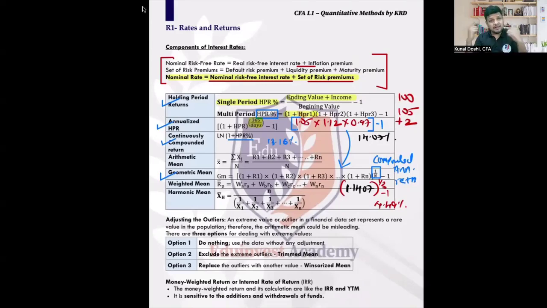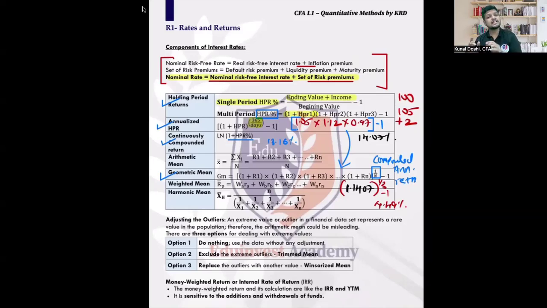Something which is forever compounding is called continuous compounding. It is not possible to calculate manually, and therefore there is something called log natural. When you press log natural, you get an answer which is continuously compounded. More detail of this is what we are going to understand, and its application is actually not going to be in quants, but its application is going to come in fixed income.